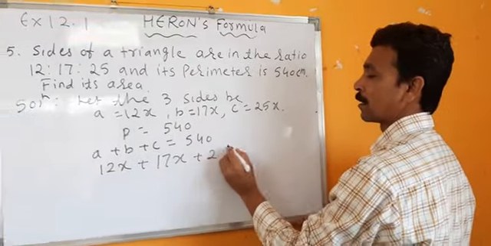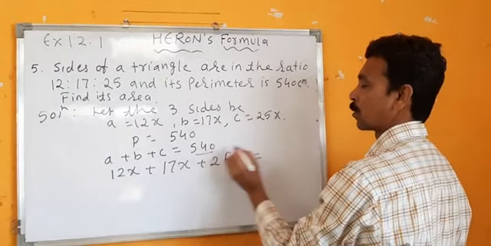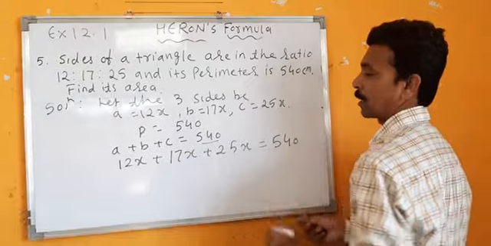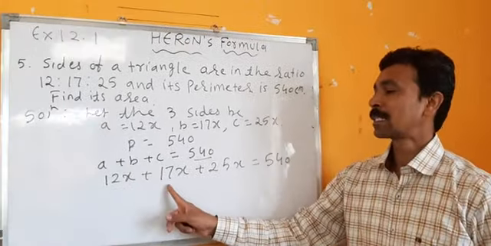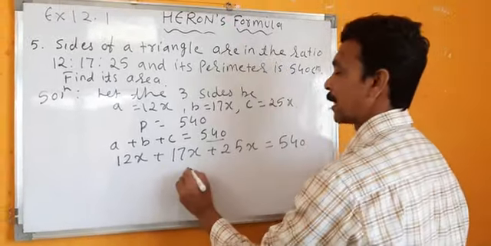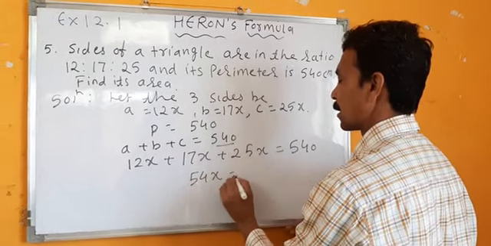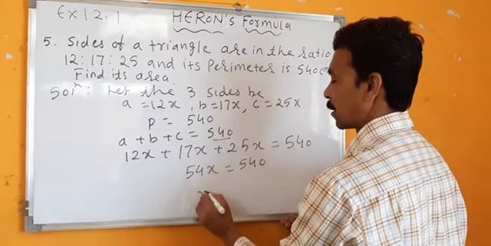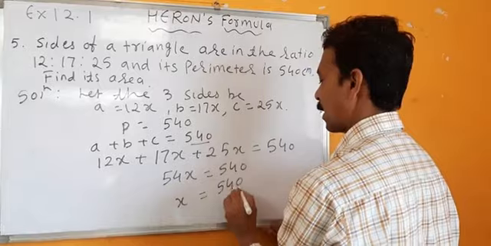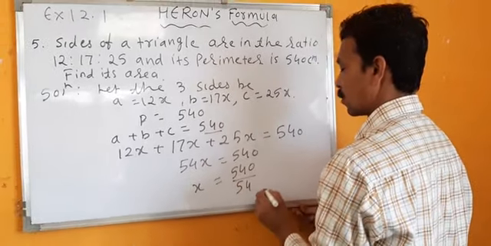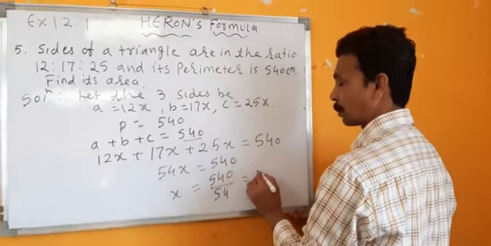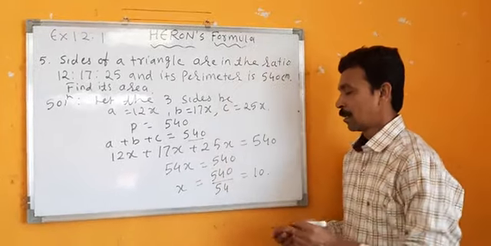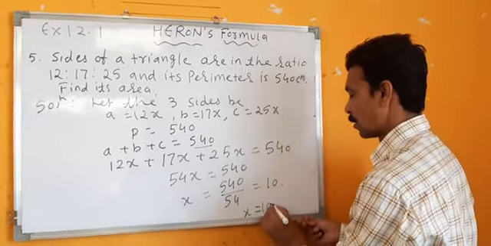What is C? 25x is equal to 540. Add this. 12x plus 17x plus 25x is 54x is equal to 540. x is equal to 540 upon 54 is equal to 10. Value of x is equal to 10.